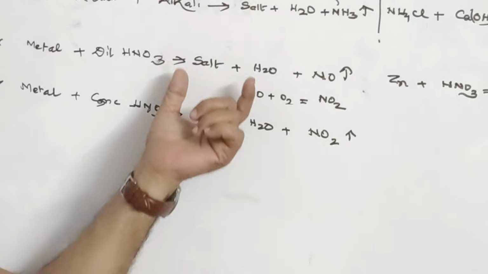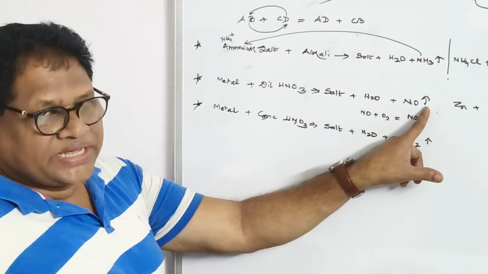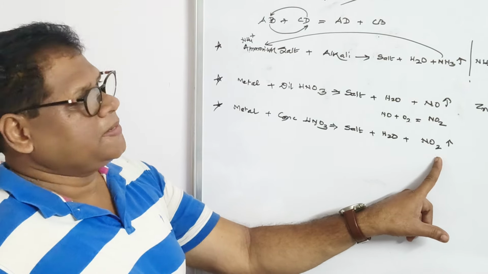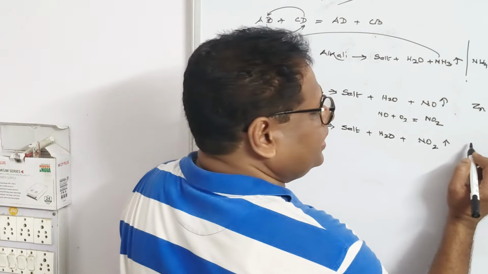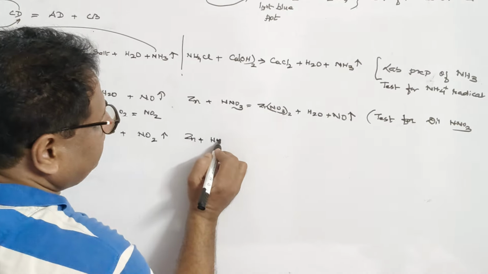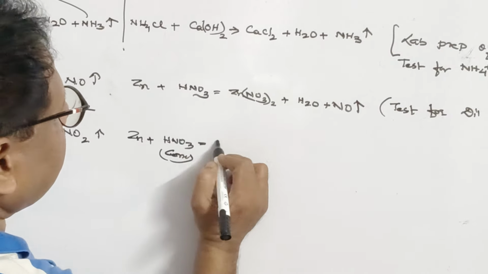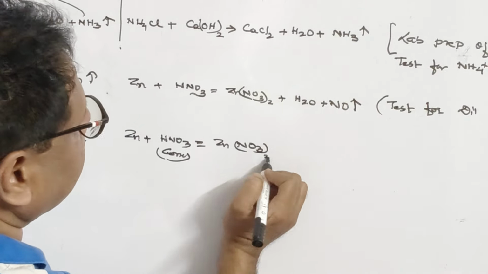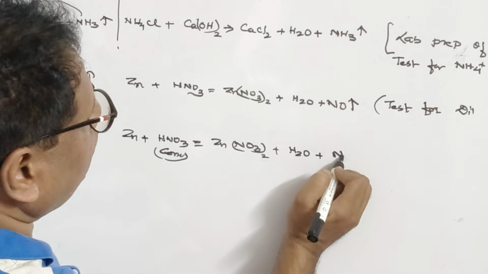The salt and water products are the same, but the gas involved earlier is nitric oxide, a colorless gas, and this is nitrogen dioxide, which is reddish brown fumes. So suppose you want to differentiate between dilute HNO3 and conc HNO3, then you can give these reactions. Zinc reacting with concentrated HNO3 gives zinc nitrate plus water plus NO2.